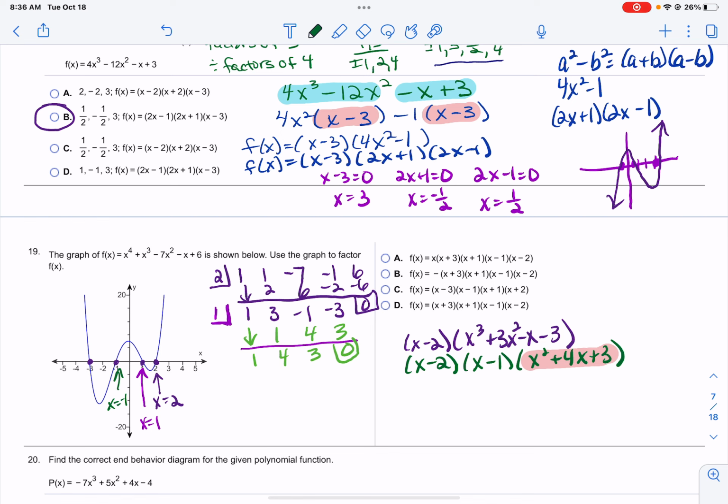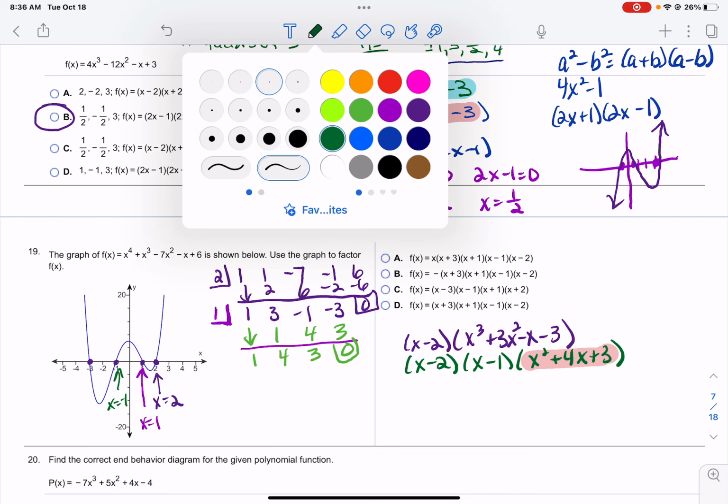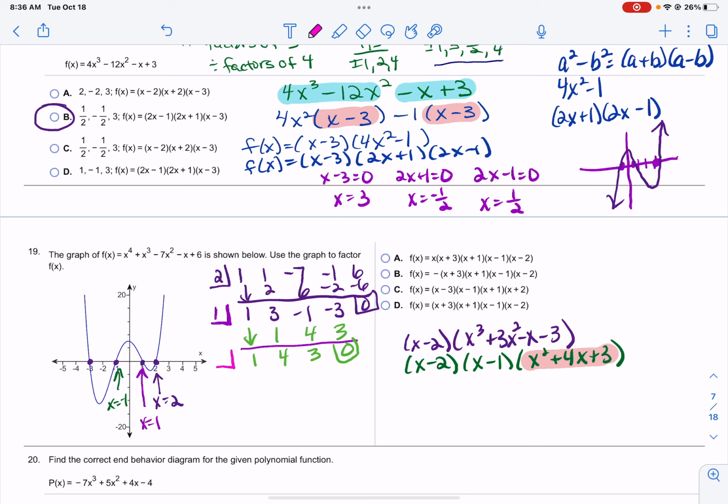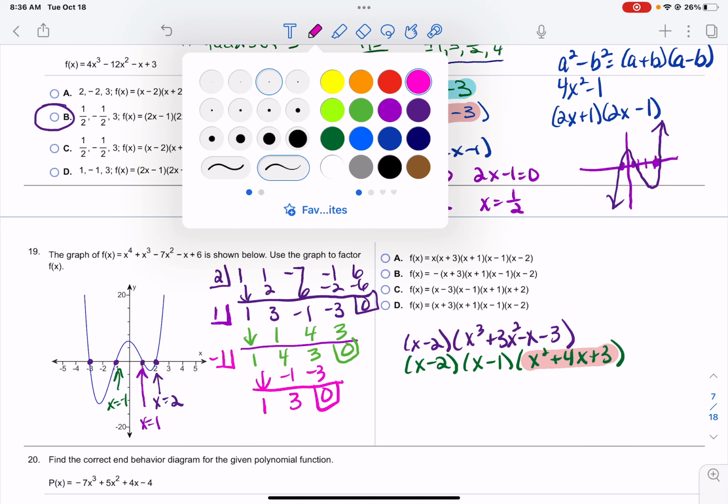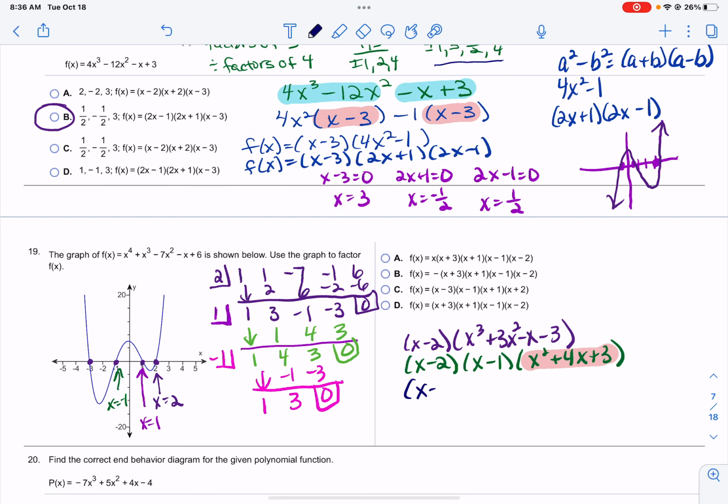Here we have x equals -1. So I'm going to set up the synthetic division with -1, bring down the first term, multiply and add, and multiply and add. So we can continue factoring this polynomial with factors x minus 2, x minus 1, and the last trinomial can be factored with an x plus 1, and what's left here is x plus 3.